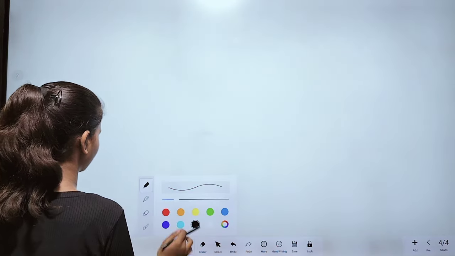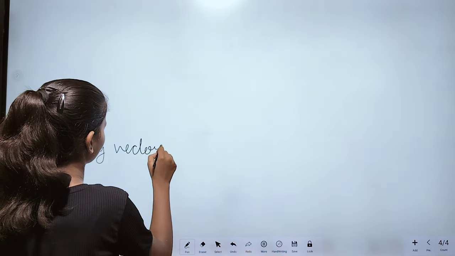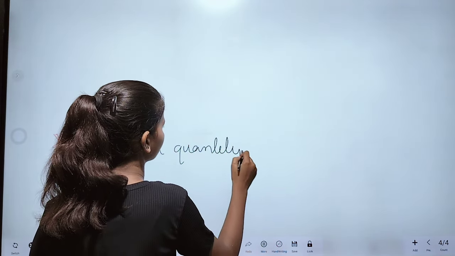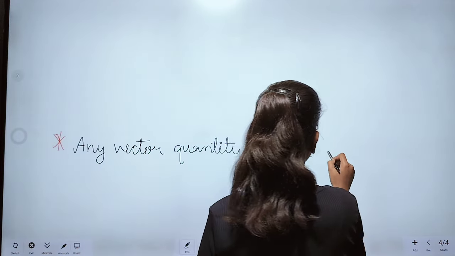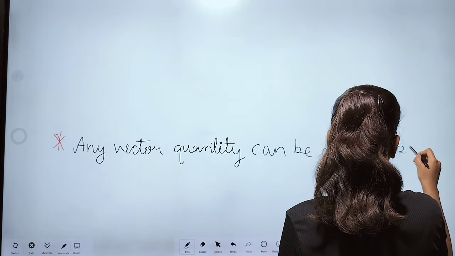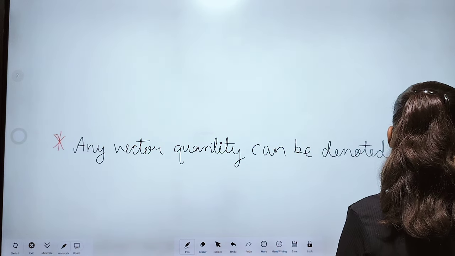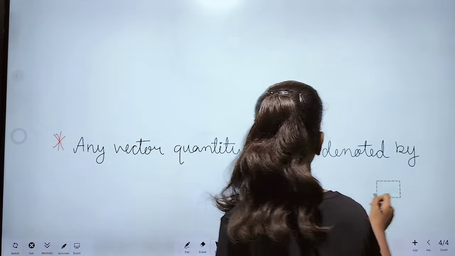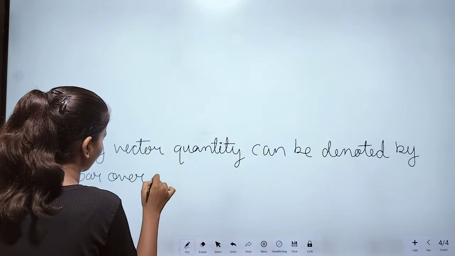Any vector quantity can be denoted by a bar over a letter.